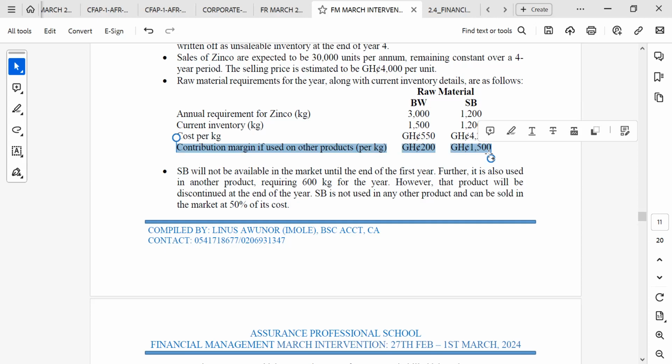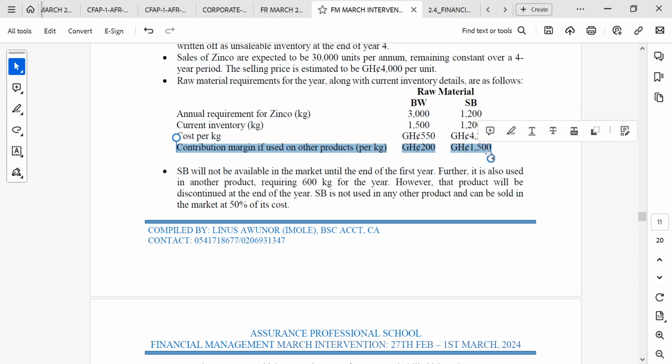So what we have to do is take it from the other product that we are using, and for the product that we are using it for, we are getting 1,500 for every kilogram. Now we are not using it, it means that 1,500 will not be gotten. Why are we not getting the 1,500? It's as a result of us transferring the 600 from that place to this place.